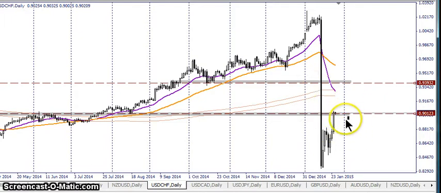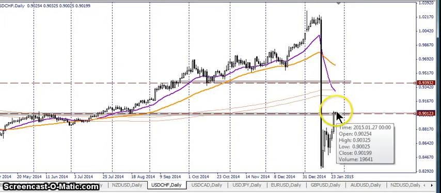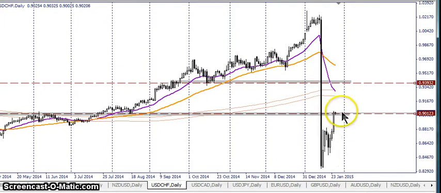But I believe that there's evidence that once price breaks up above here, price can still go higher. I mean, price fell down by quite a bit, and that's quite amazing for the U.S. dollar. So I believe that price can still eventually come to about here at least, and then down again.